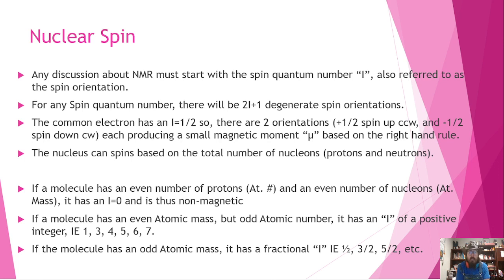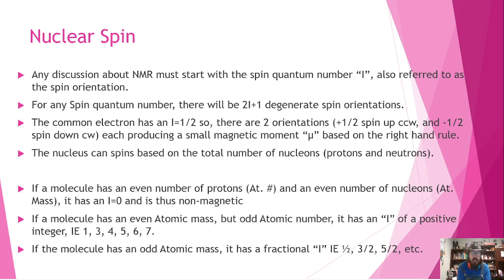Now, if a molecule has an even atomic mass but an odd atomic number, it has a positive integer I. Now, this I could be 1, could be 3, could be 5, could be 4, could be 6, could be 7, could be any kind of positive integer.